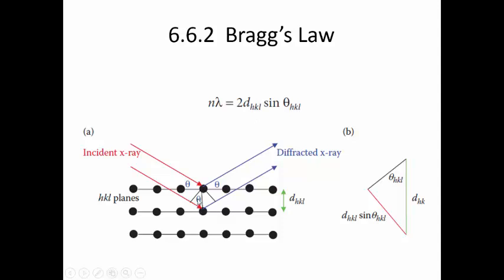Here's the d spacing, the d of hkl, and then there's the theta, and this side over here is d sine theta, and we have 2 of them, so it's 2d sine theta, and together they have to accommodate an integer number of wavelengths for this extra distance traveled.